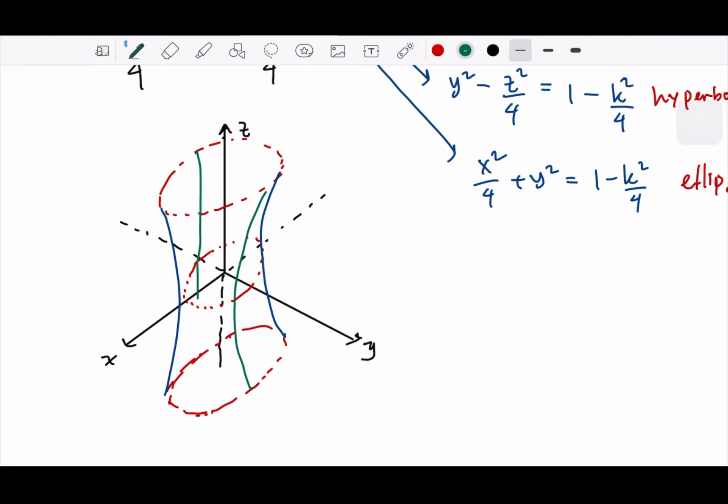I hope it can be clearly seen that it has a shape like, I don't know if you are visualizing, a reactor. If you have seen one reactor, it's like that. We call this shape a hyperboloid of one sheet.